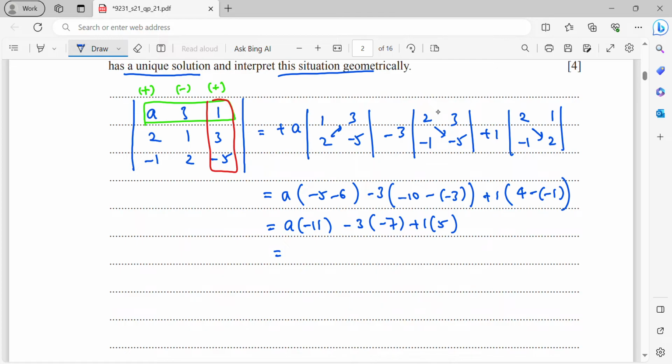So at last, I will be getting minus 11a plus 21 plus 5, that is plus 26.